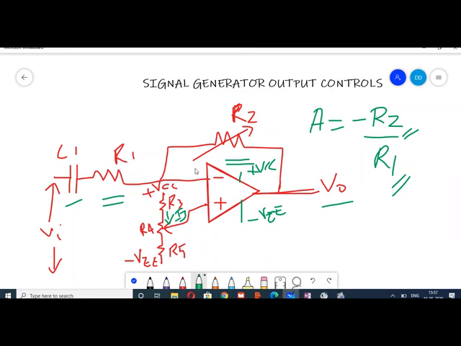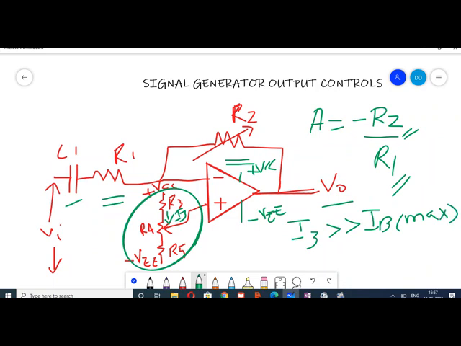So we have to design the circuit in the same way. R2 and R1 we design in the same way as we design an inverting amplifier circuit, and assuming a current which is flowing through the resistors connected at the non-inverting terminal, we assume that the current is I3. I3 is very much greater than IB max.